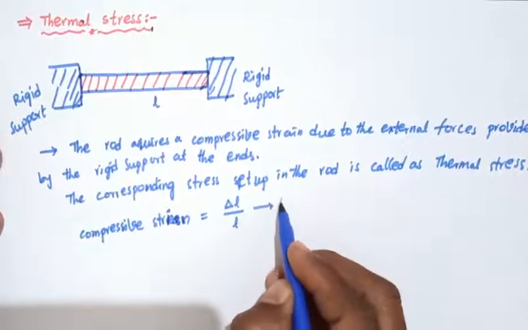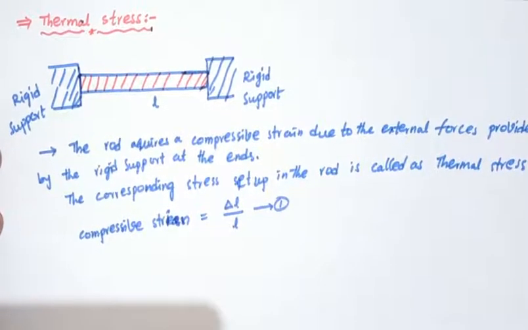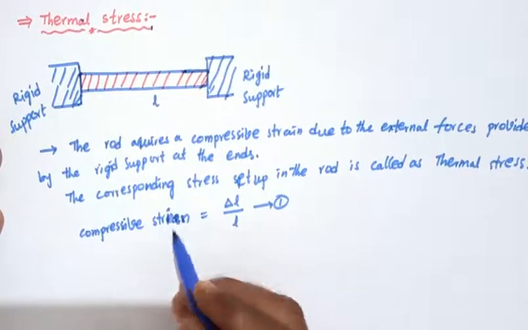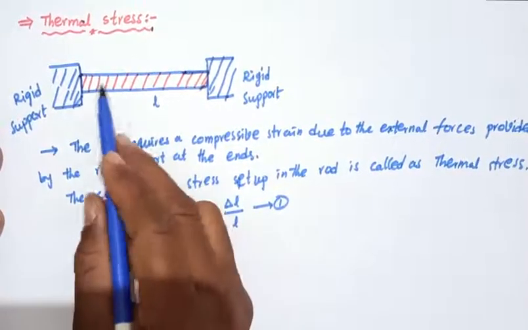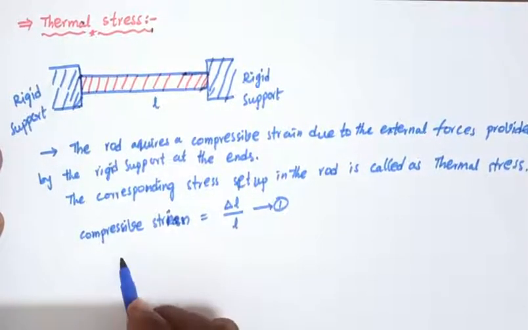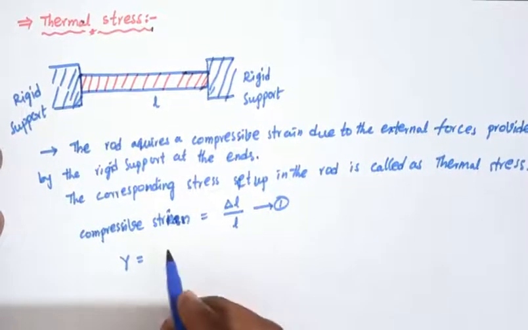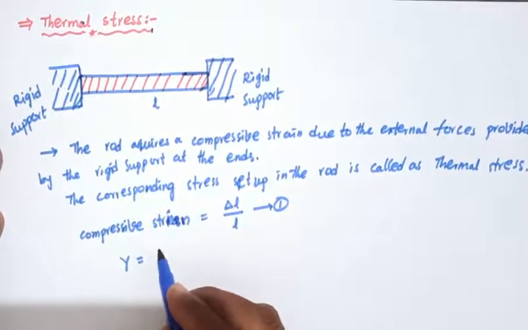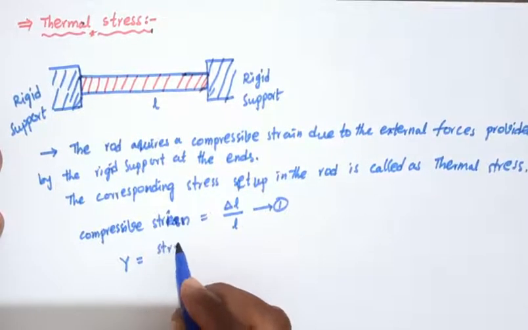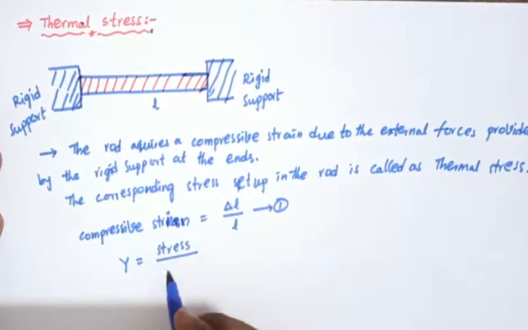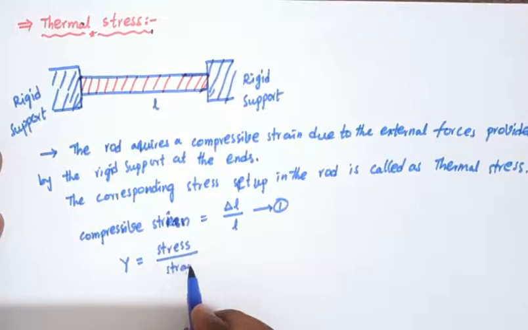This is equation number 1. We know that the Young modulus Y equals stress divided by strain.